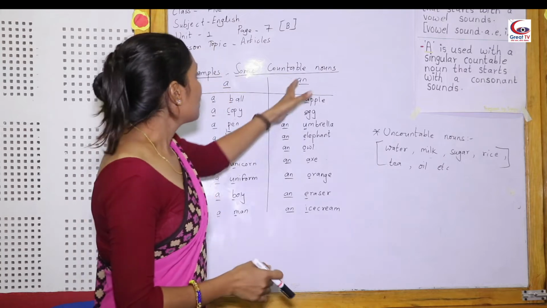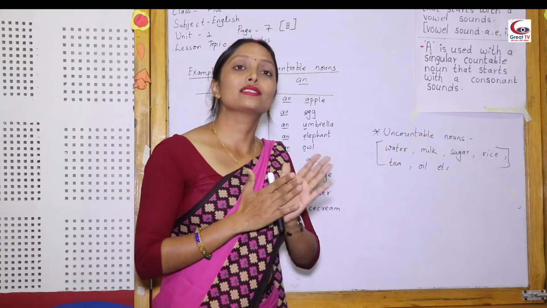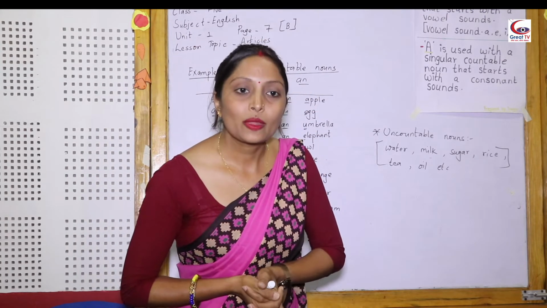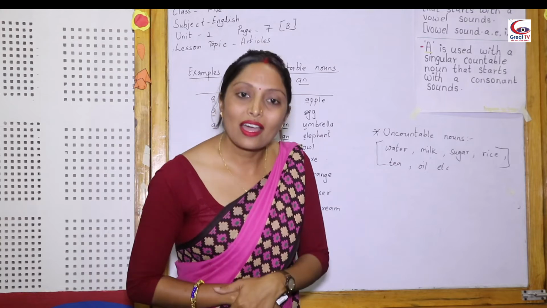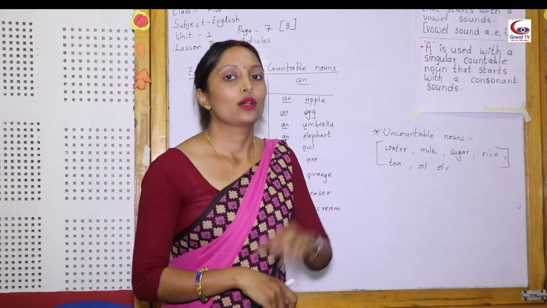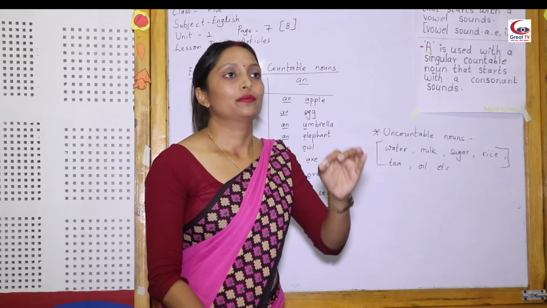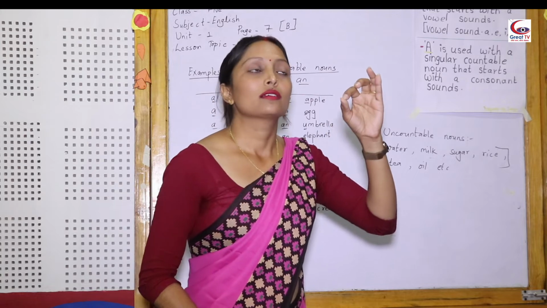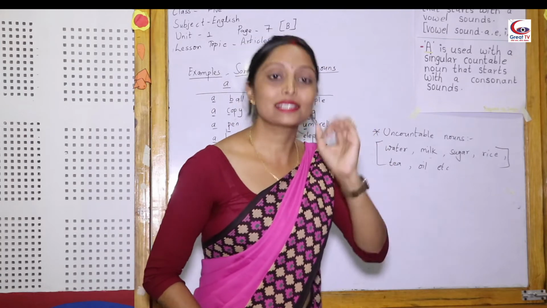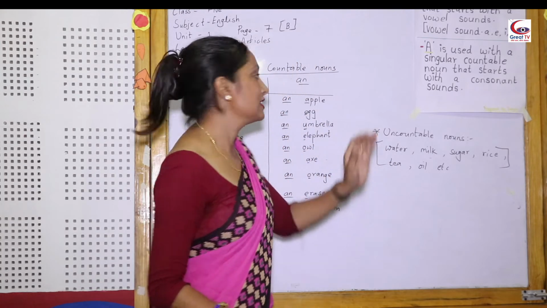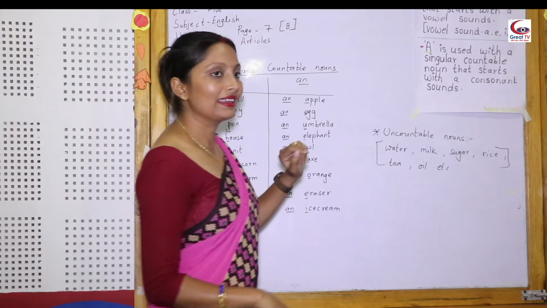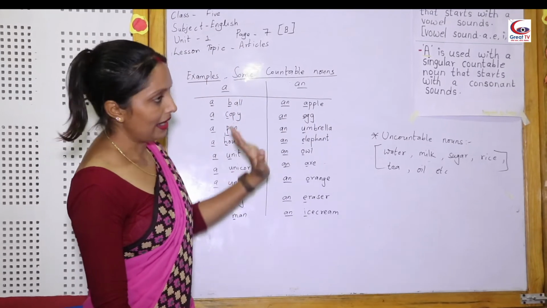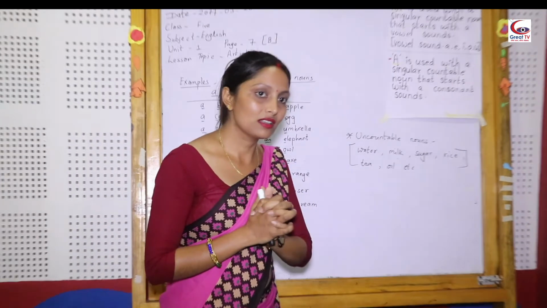And we can formulate that an is used with those nouns which have a vowel sound at the beginning, like an apple, an egg, an umbrella, an eraser, etc.